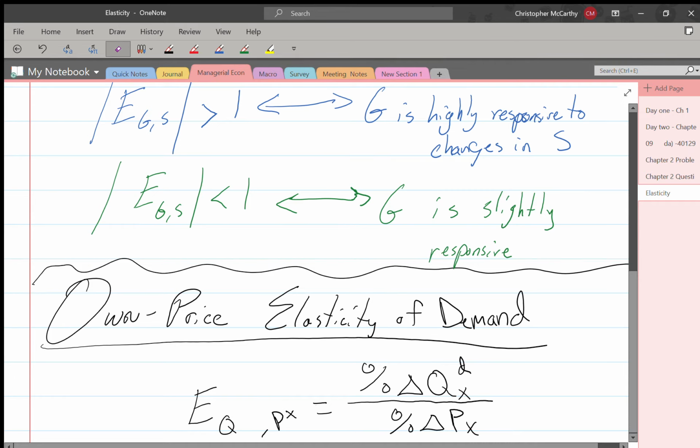It's how the quantity demanded is being influenced by the price. It's really the relationship between them, but the price is the thing that drives it, right?